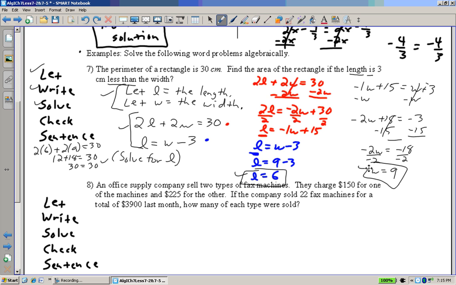But the length, which is 6, is supposed to be the same thing as the width minus 3. Well, 6 equals 6. That checks out as well. So both of these checked out correctly. Now let's just write a sentence.